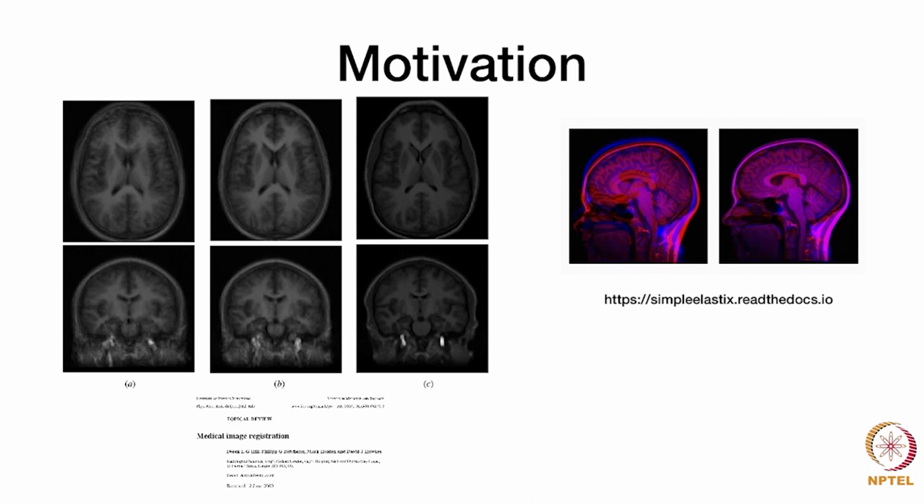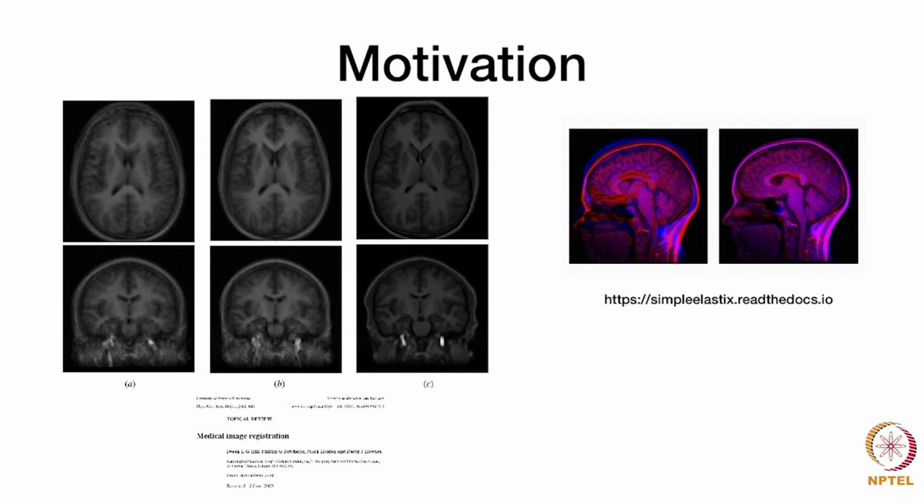Okay, so there is a wide variety of applications for image registration. The important application is that you would want to align the same patient's image taken at different time points or with different scanners, or you would like to align a bunch of patients' scans in order to produce an average scan that you can compare other patients with.